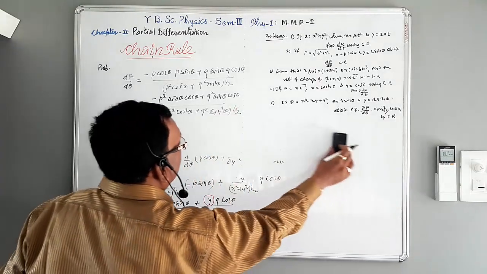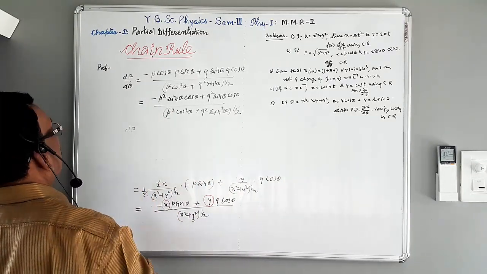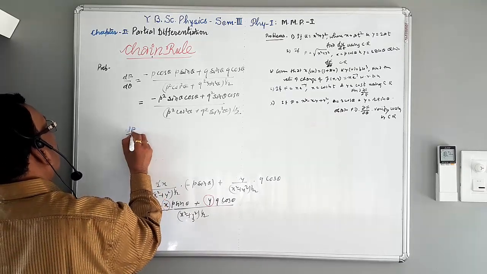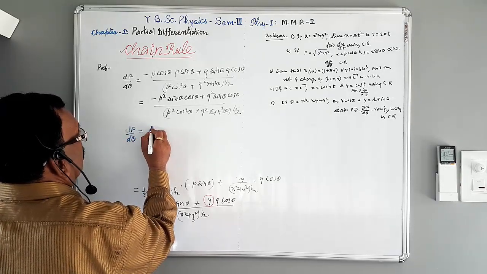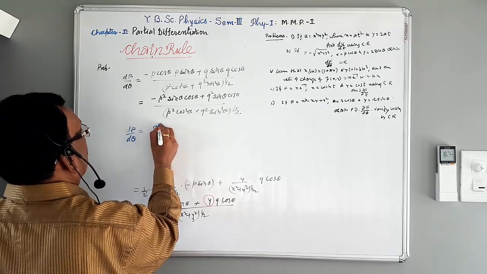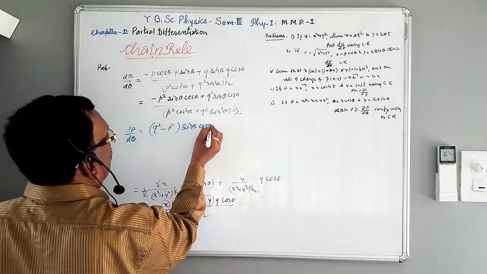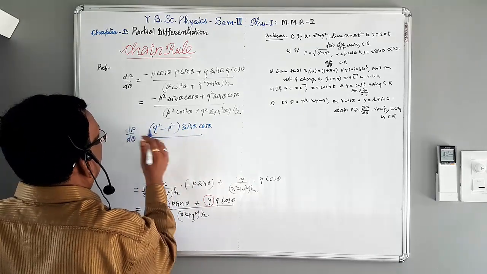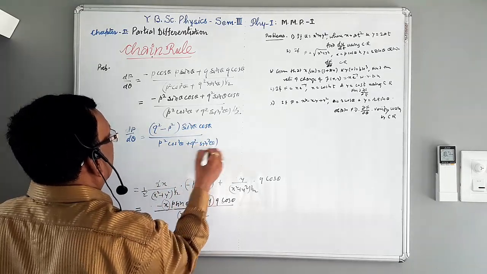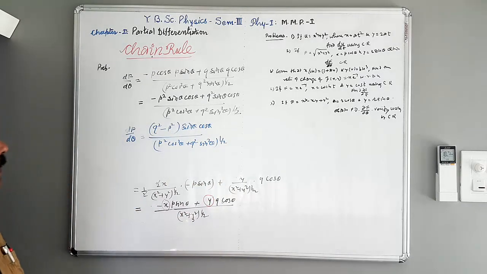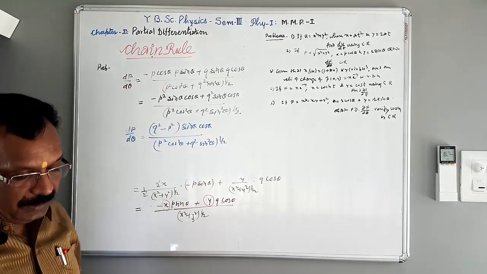Again we can simplify this term and we have df by d theta is equal to q square minus p square sin theta cos theta upon p square cos square theta plus q square sin square theta bracket raised to 1/2, and this is the final answer of the given function by using chain rule.